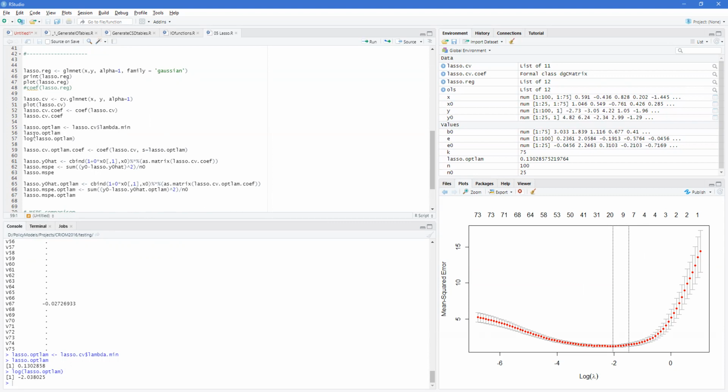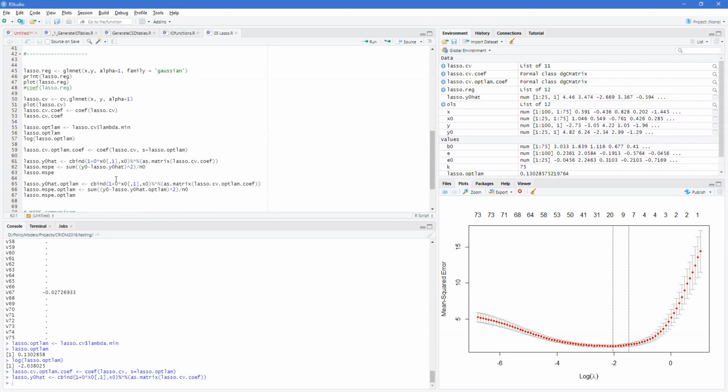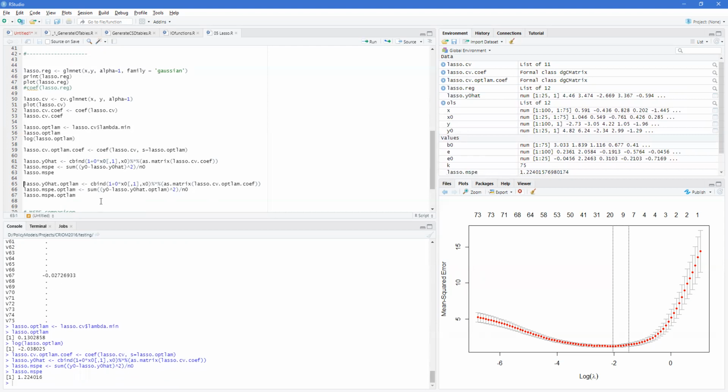Now we know what the optimization, the lambda, is. That's related to this graph that we see over here. The optimized lambda is out here, and this can give us our optimized form of our model and our optimized coefficients. So once we have that optimized set, we can now estimate our data based on x0, and we can get the mean squared error of our estimates.